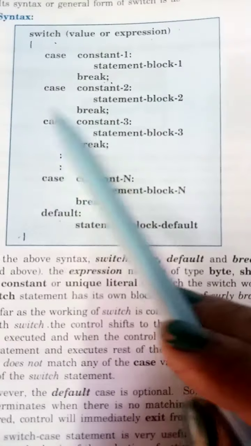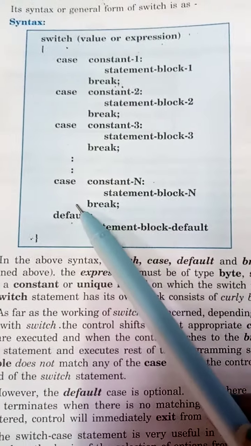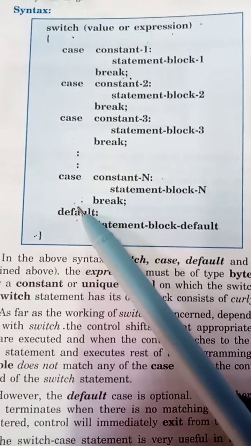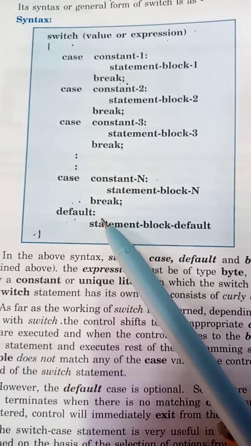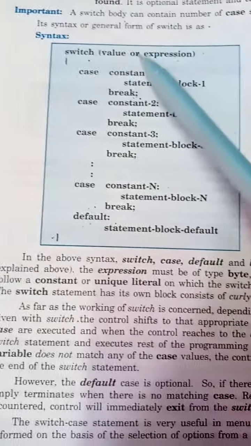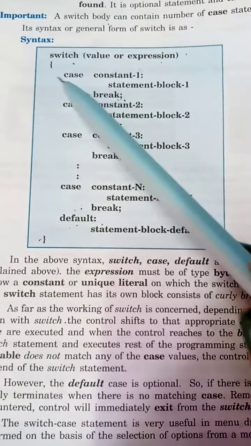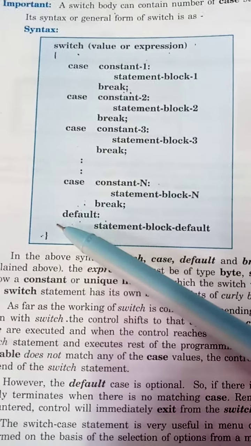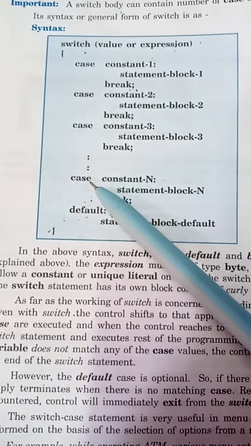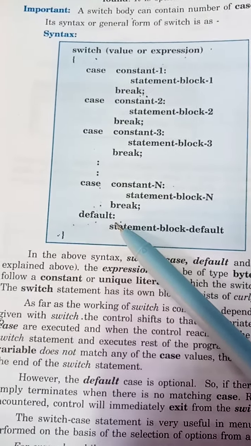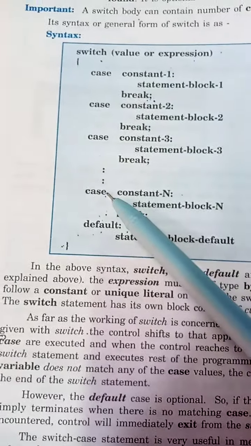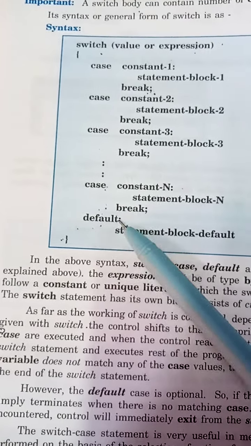Different cases are there, and just after all the cases you will write the default statement. So: switch, variable or expression, braces, different cases within the braces, and at the last the default statement. If no case is matched, then default will get executed.